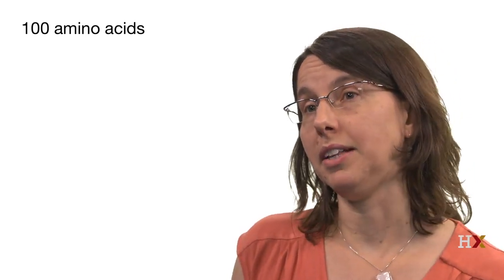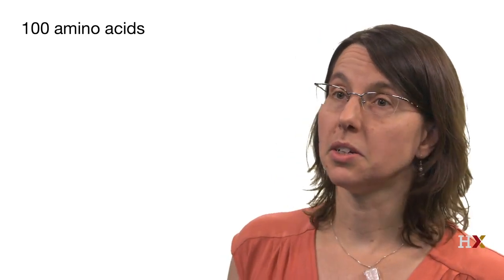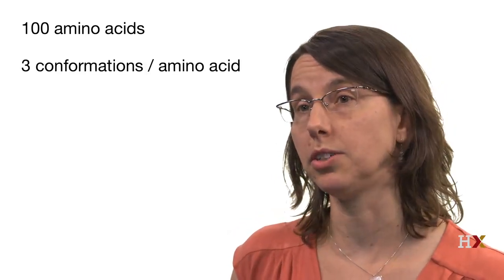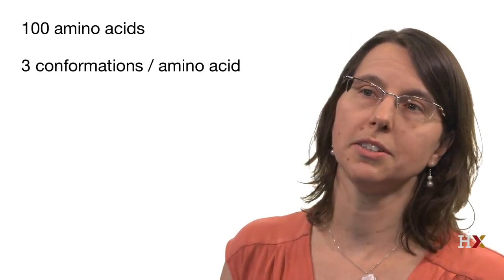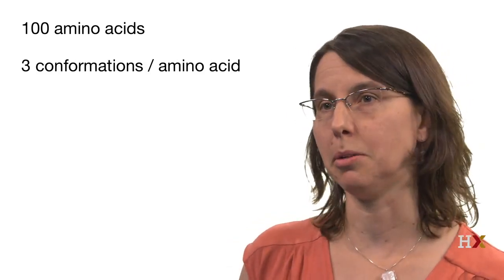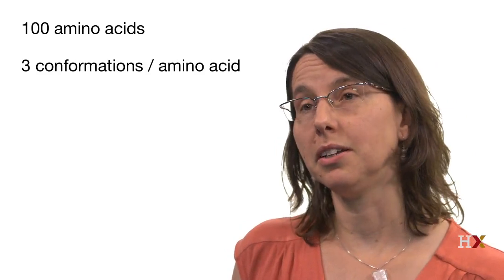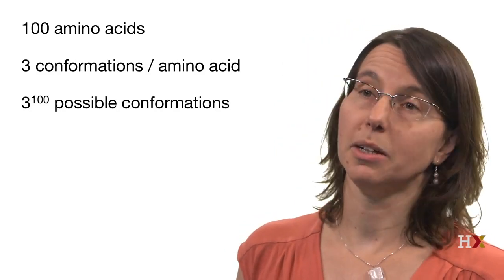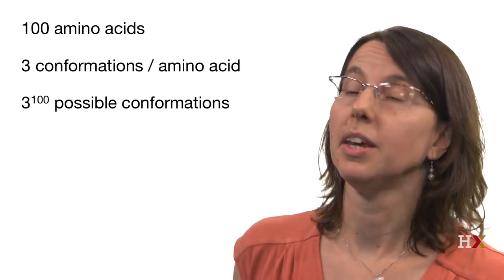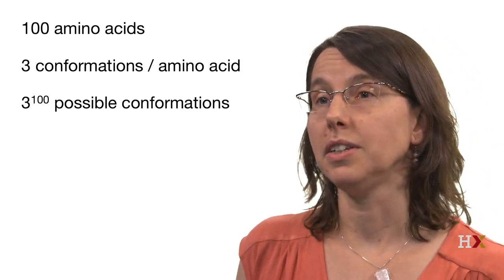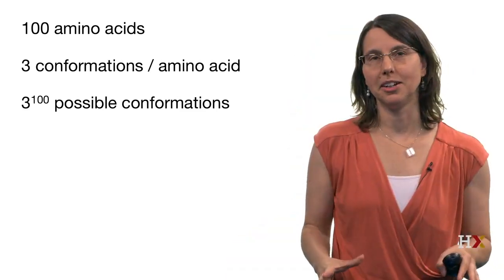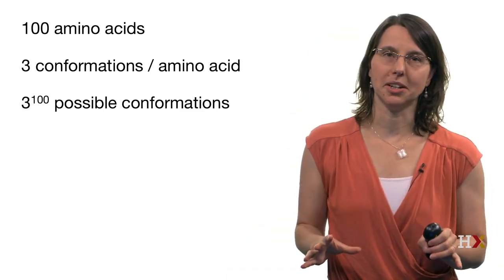So now we know that its phi-psi angles are restricted, so that we can approximate that there's roughly 3 different conformations for each residue, corresponding to the 3 different regions of the Ramachandran plot. So that would yield 3 to the 100 conformations available to the whole protein, assuming that each of these dihedral angles can behave independently. 3 to the 100 is actually an enormous number.